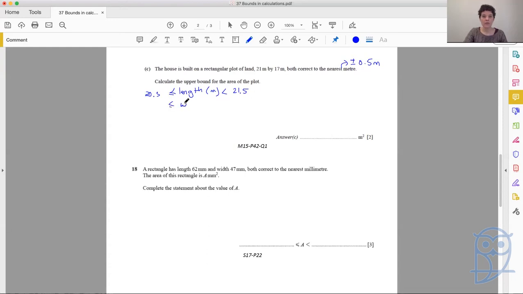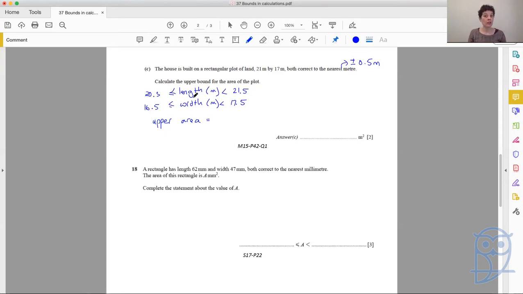And we have width in meters, 17 minus 0.5, 17 plus 0.5. And they've asked us for the upper bound for area. And now you start to see why it's good to do lots of questions. Because the very first question we did was also similar to this.